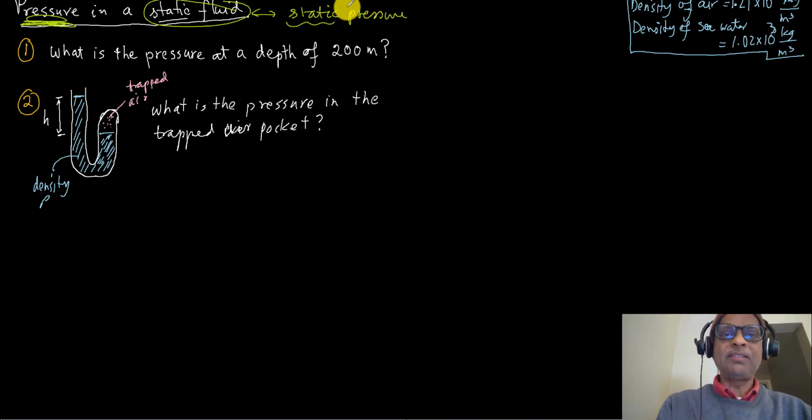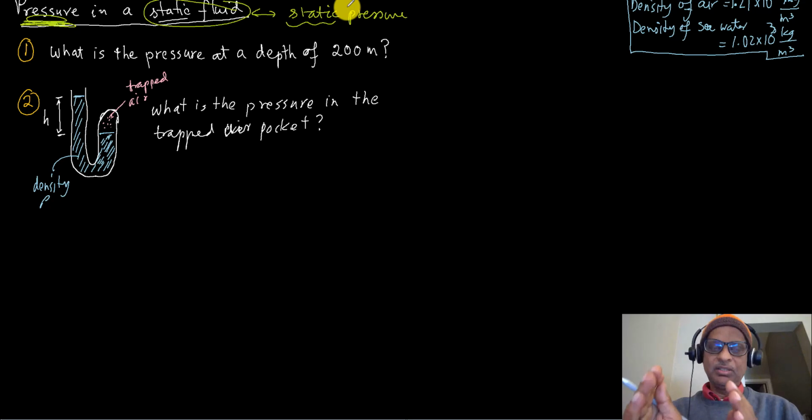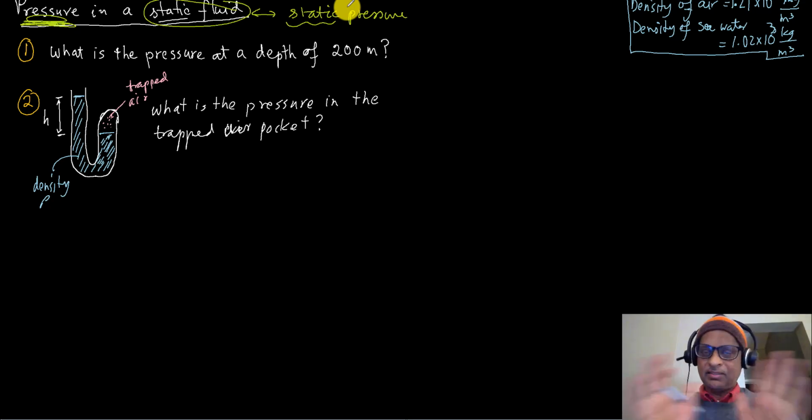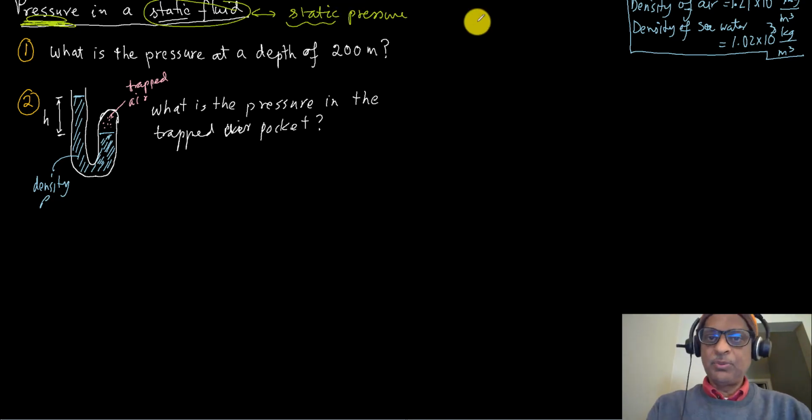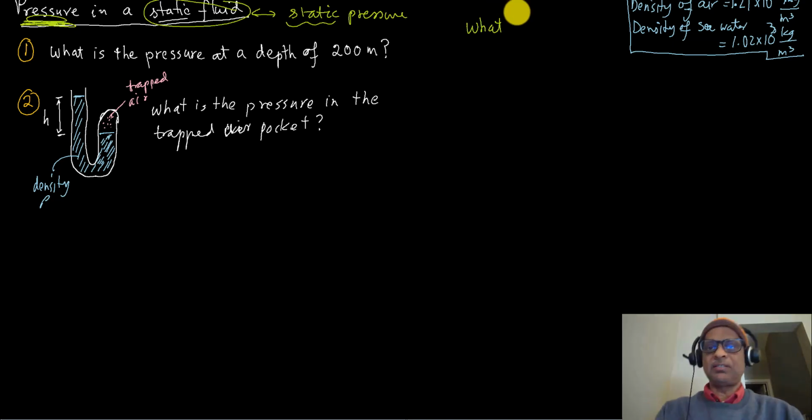But there is nothing static about pressure, it's just given the name static pressure, the pressure that you would encounter if the fluid is static. Now, what is pressure? We got to know what is pressure to answer this question. And once you know what is pressure, we have several ways you can answer this question.